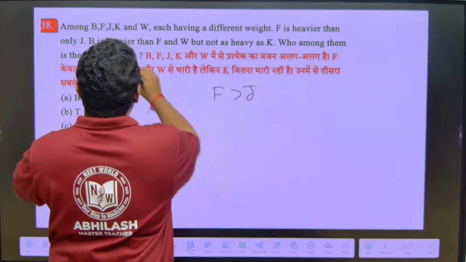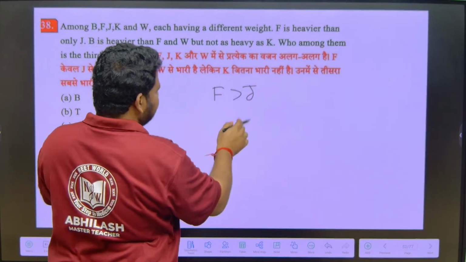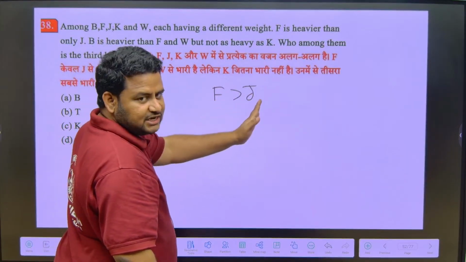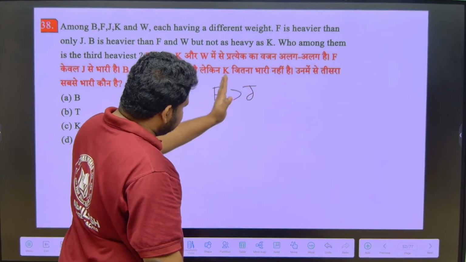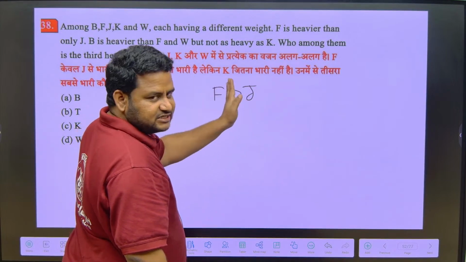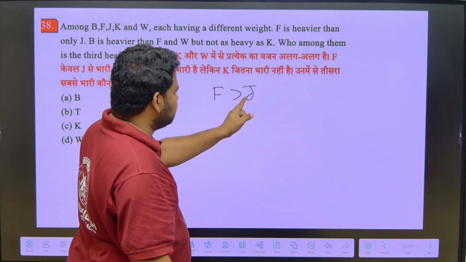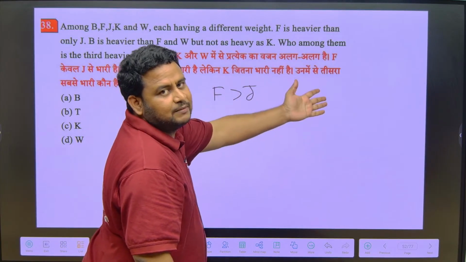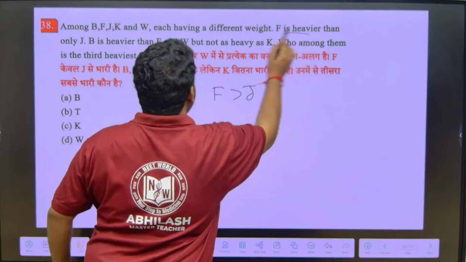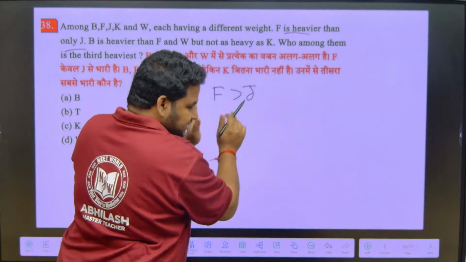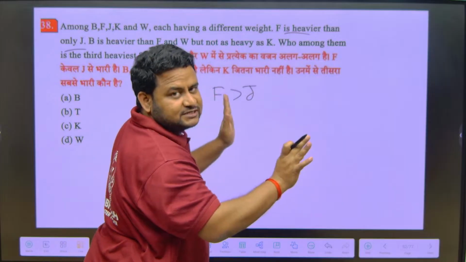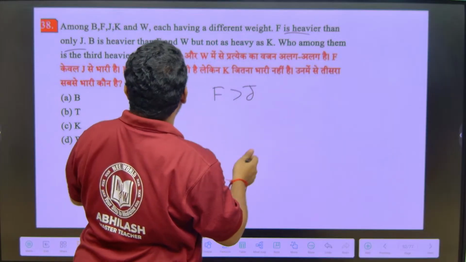Among 5 persons, F is heavier than only J, so J should be the least and F should be greater than J. After J no person should come, that is the meaning of it.